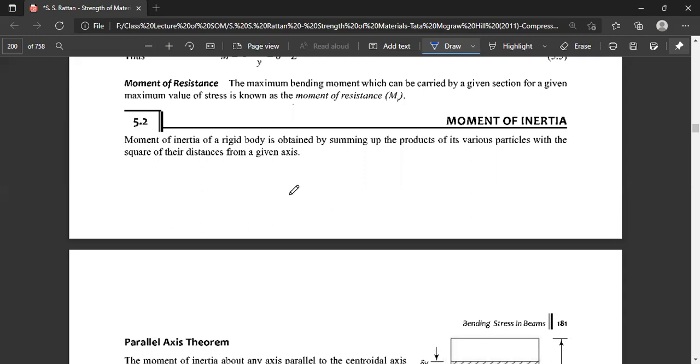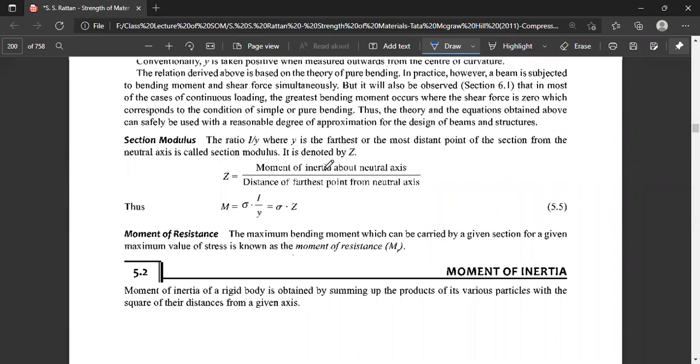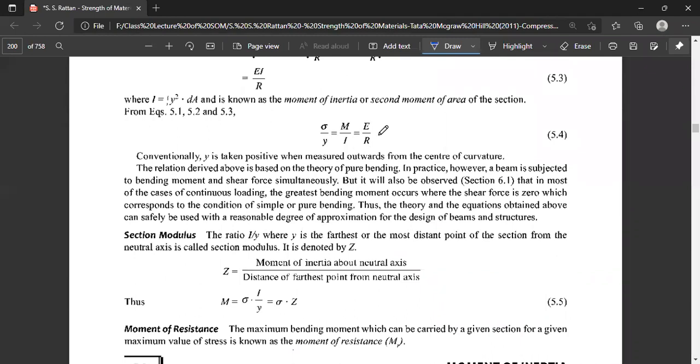Let us start the remaining portion of the bending stresses. Now, I have gone through the different aspects of the bending stresses, which have proved that sigma divided by y is equal to M divided by I is equal to E divided by R, where sigma is the bending stress created in a fiber at a distance y from the neutral axis, and M is the bending moment created on that particular section under consideration.